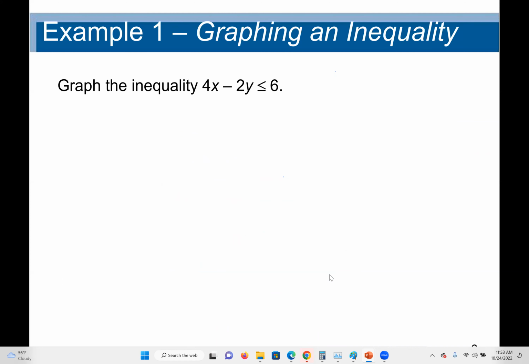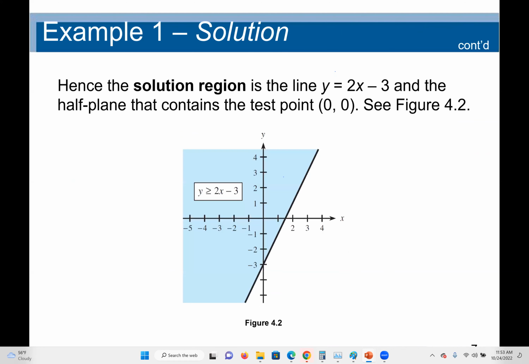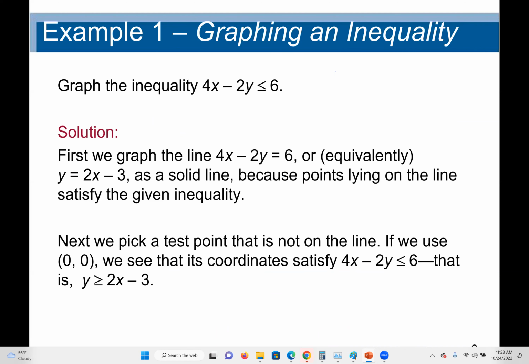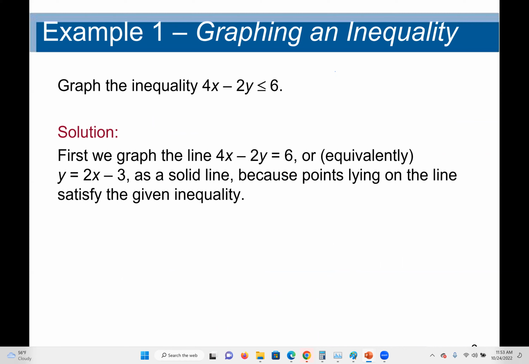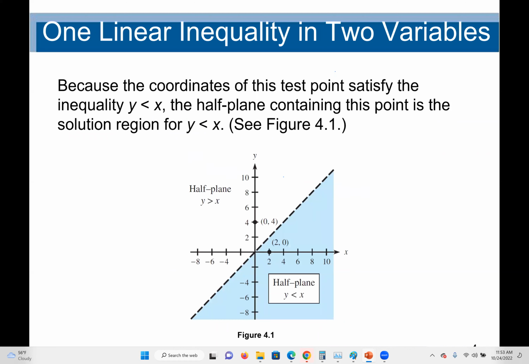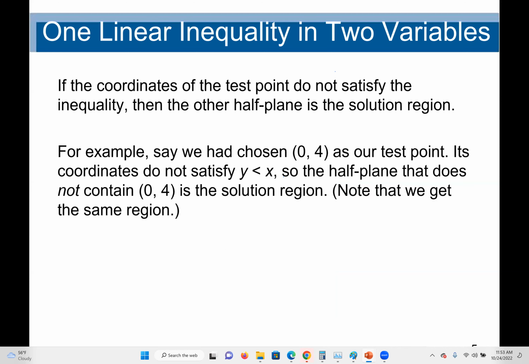I don't think they used 2 and 1. Okay, so this is the problem. 2 and 1 didn't work. That means we're going to take another point. 0 and 4, let's see. No, this is the old example I gave before.